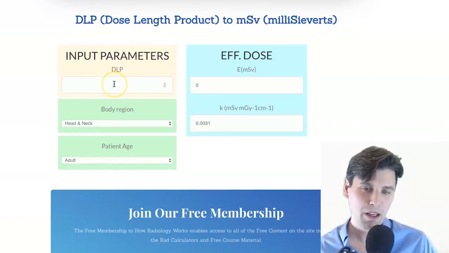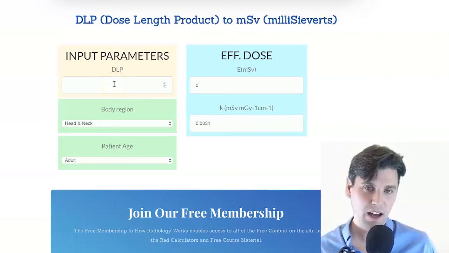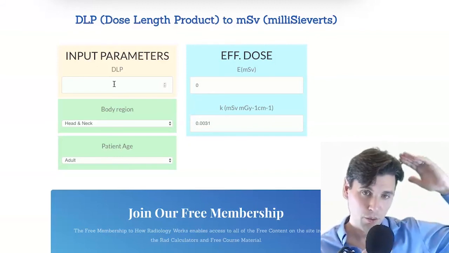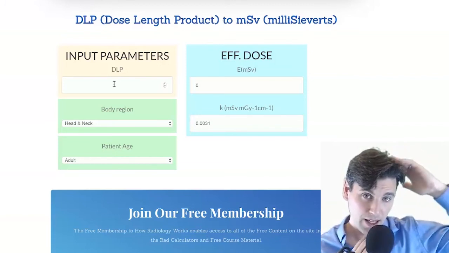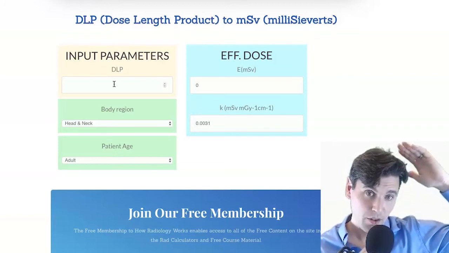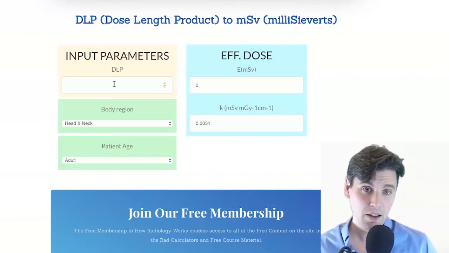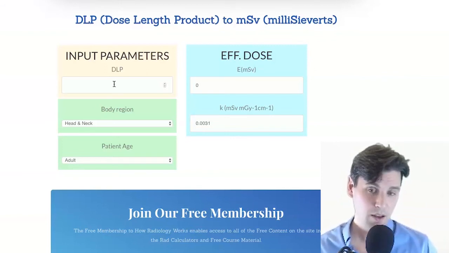So the DLP, for instance, for a head, CTDI for a head on a CT scanner could be 50. And then just for round numbers, imagine we're scanning just a head and imagine the length is 20.